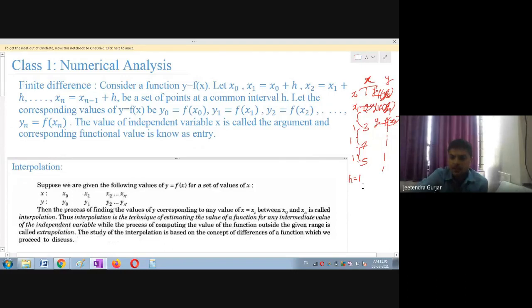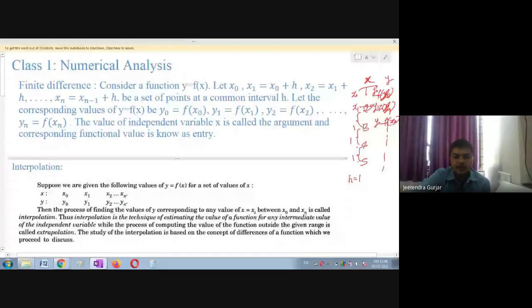So you can see we got the argument, we have entries, and we have a common interval. Doing all these things is nothing but interpolation, because this is in the interval 1 to 5. Finding the value in this interval is nothing but interpolation.